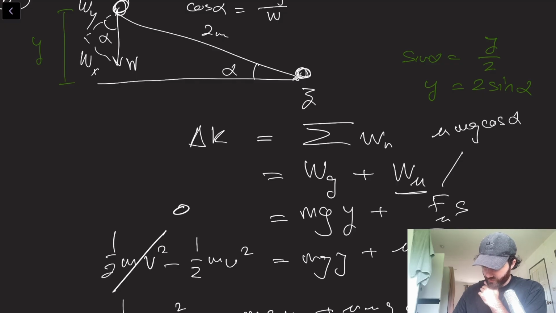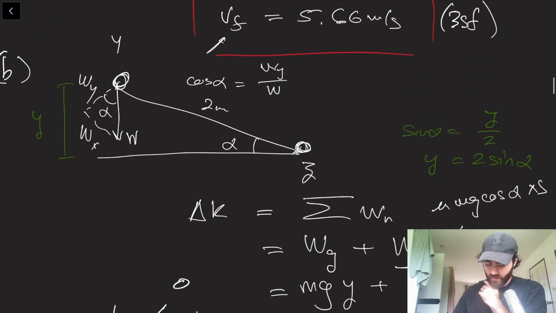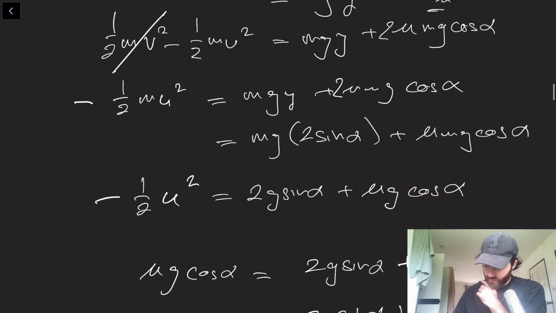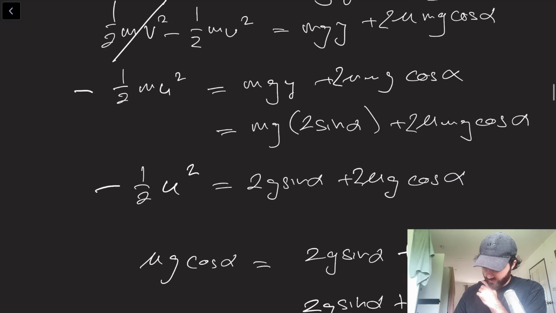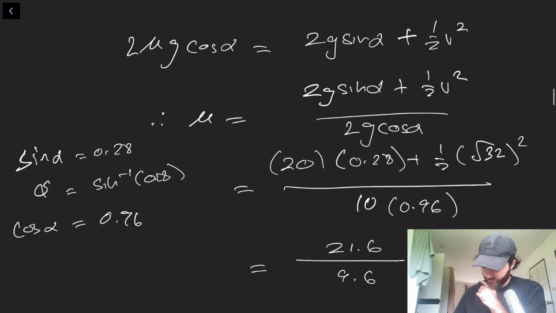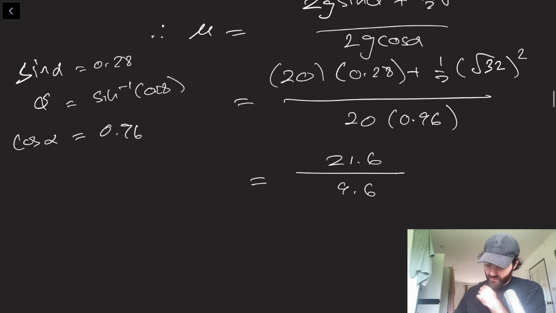This thing times S. And our S is 2 meters, because we travel 2 meters. So everything was right, it's just that there'll be a 2 here. So plus 2, I apologize for this, plus 2. So this would be 2g. So this would be 20.